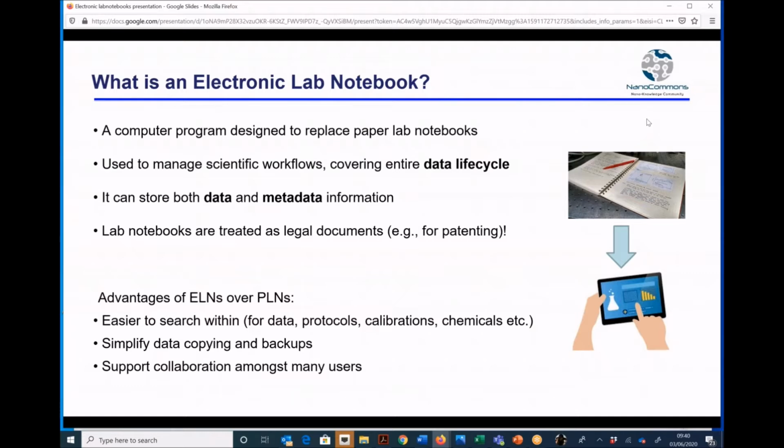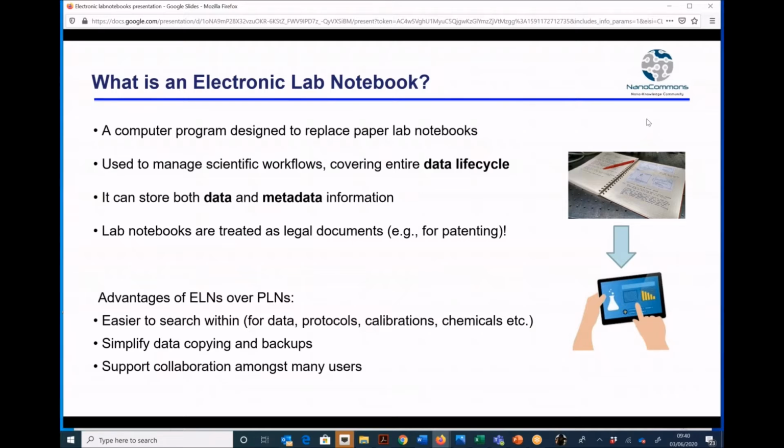And it's worth remembering, of course, that like the paper version of your lab notebook, lab notebooks are legal documents. They are used in demonstrating inventions and that you were the first to do something or document something. So they are a really important part of the scientific process.